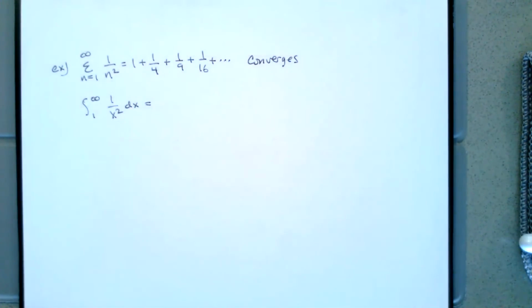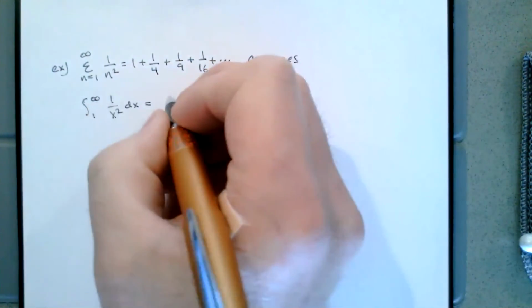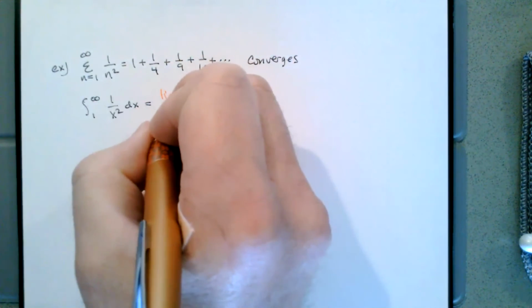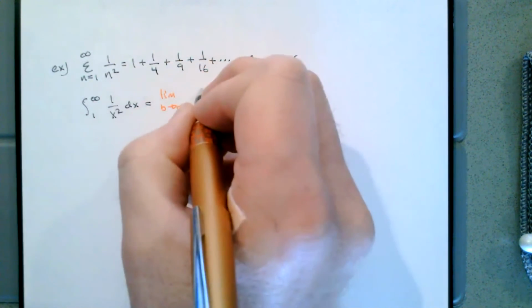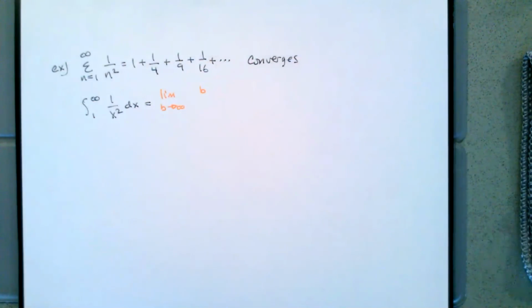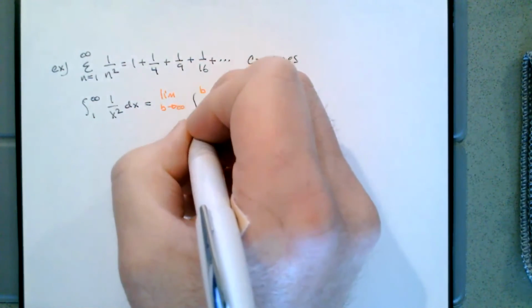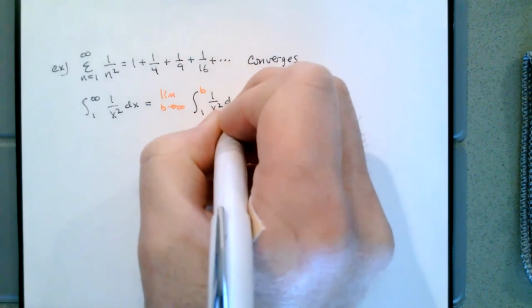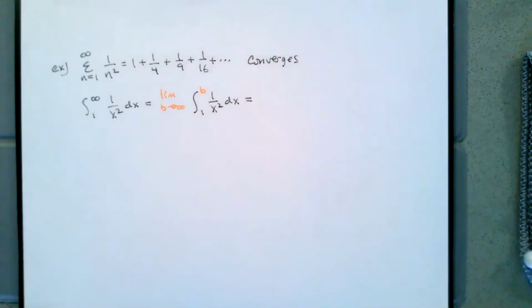To calculate this, at infinity I have to replace it with the limit as b goes to infinity. We can see here the important thing that's going to happen and why I care about the integral test so much and why I spend a whole day just yammering on about the integral test.